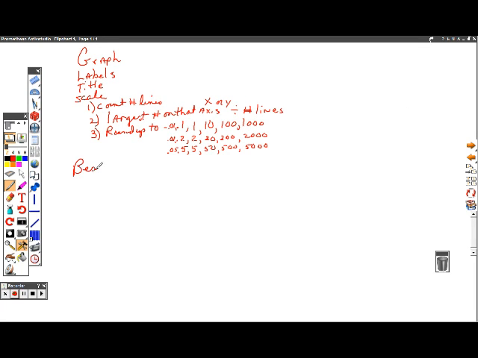Best fit line. In general, you want as many data points above as below the line.